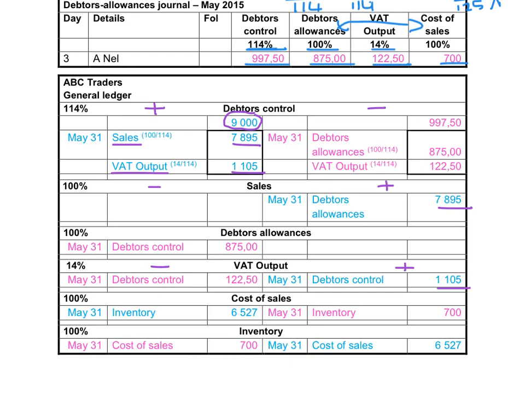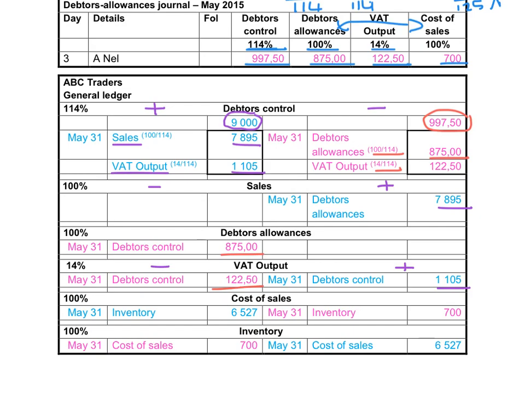When goods are returned, we have to reduce the debtors on the credit side with the total amount. That amount will be split up between debtors allowances and VAT, and we will transfer the 875 to debtors allowances on the debit side, and we will transfer the VAT to the debit side of the VAT account, 122 Rand 50.